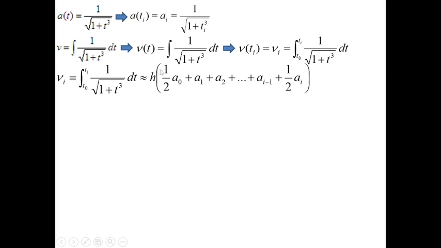So this is now h multiplied by 1/2 times f sub 0, f sub 1 in our formula. Because in this example we will replace f by a, we have now 1/2 times a sub 0 plus a sub 1 plus a sub 2 and so forth.